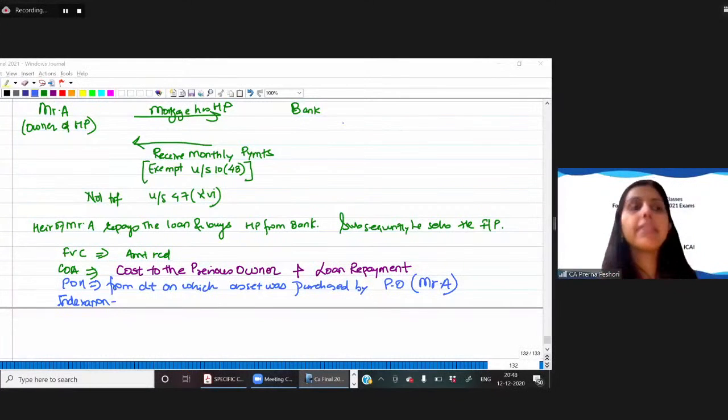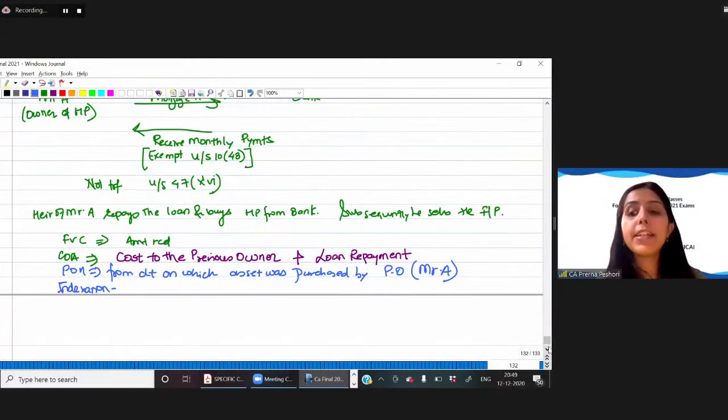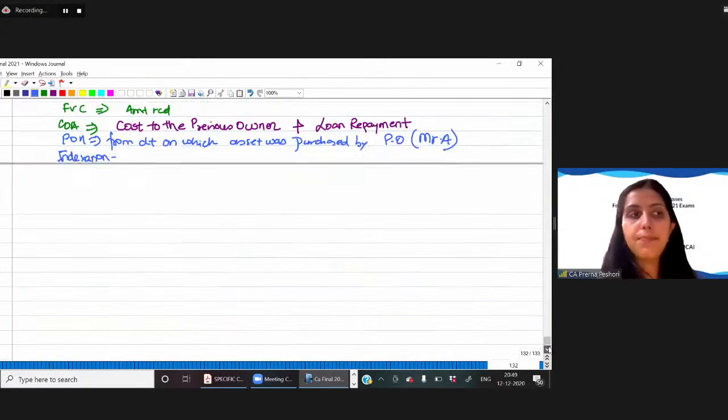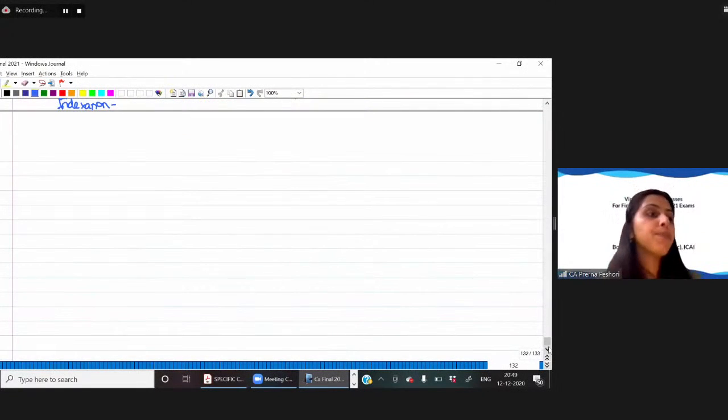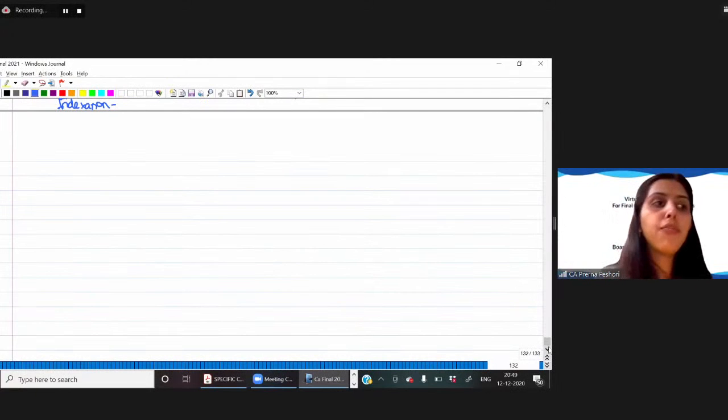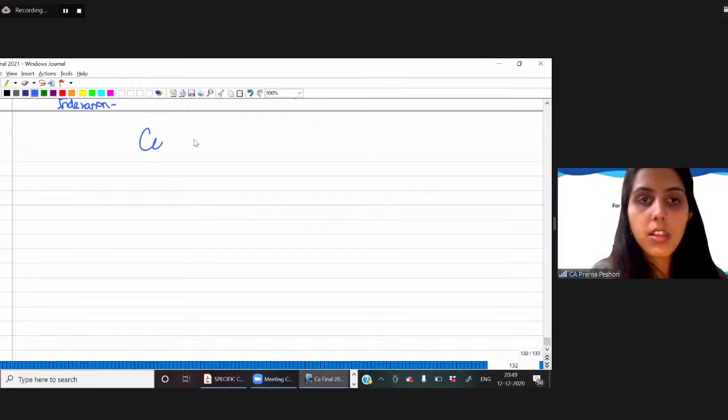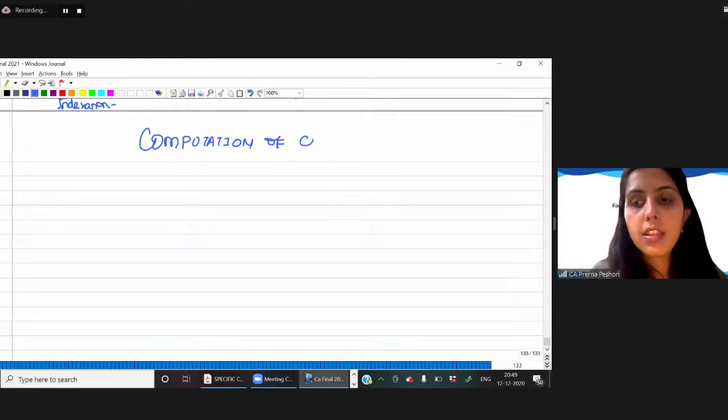Now, this is what we have learned about different capital gain on different assets or different transactions. Now I'm getting into the computation mechanism. So now, first of all, computation of capital gains.